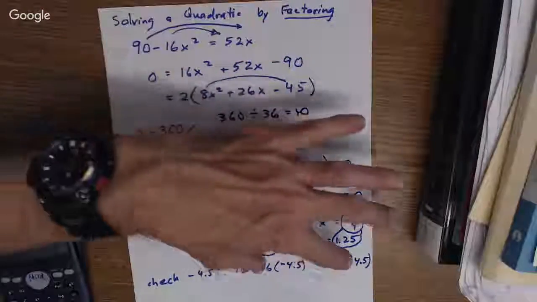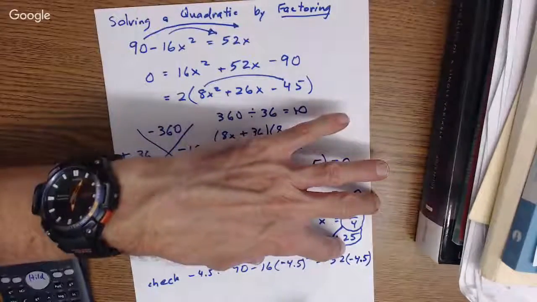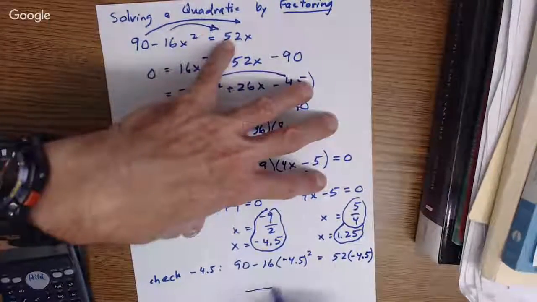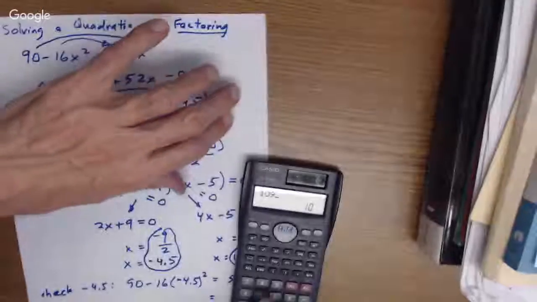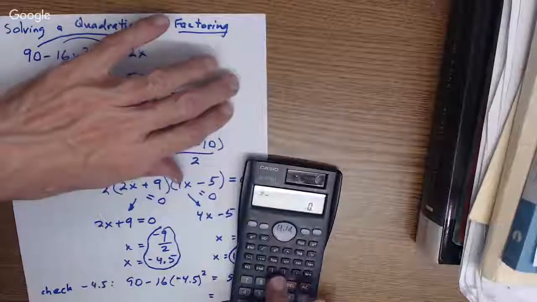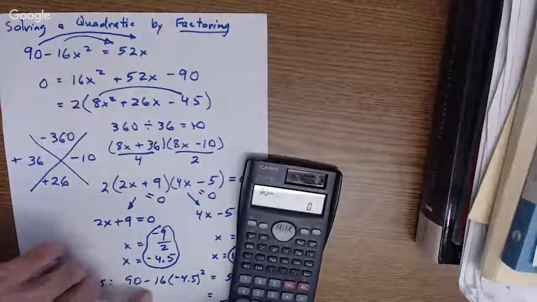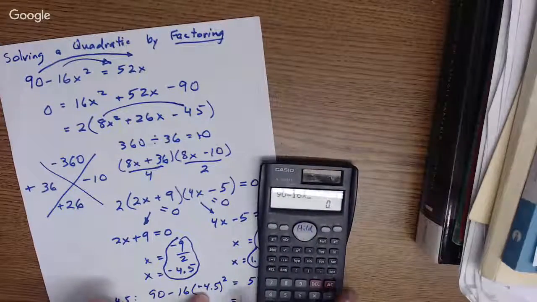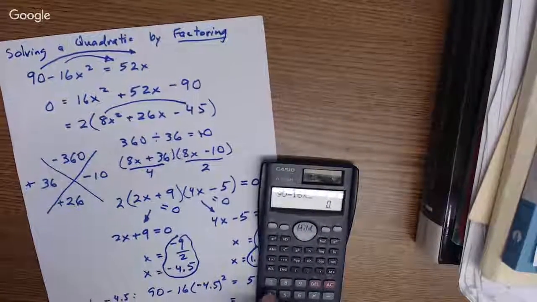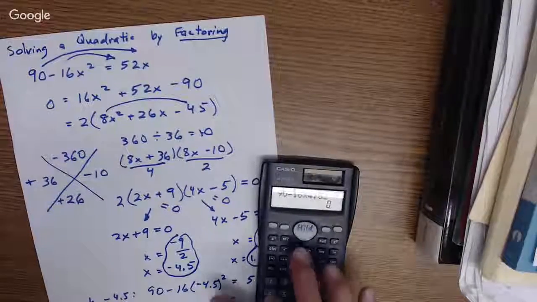You don't have to show me this step, but that's what you're going to put in your calculator. So here on the left side, I'm going to go 90 minus 16 times 4.5 squared. I know 4.5 squared is going to be positive, so I'm not going to put the negative in there. I'm just going to go 4.5 squared.